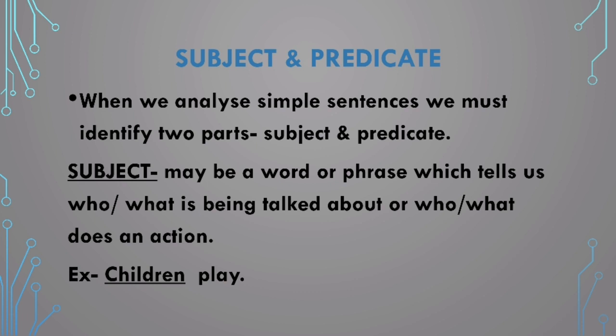So basically, subject, students, may be a word or group of words, that means a phrase, which tells us what we are talking about or who is doing an action. Like, in a sentence, what is being talked about, or if it is talking about any action, who is the doer of the action. Like children play, so who is playing? Children. So children will be the subject.